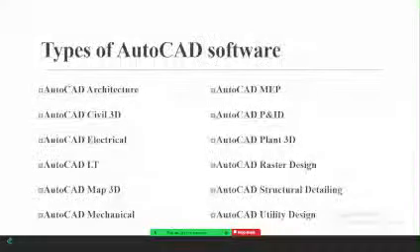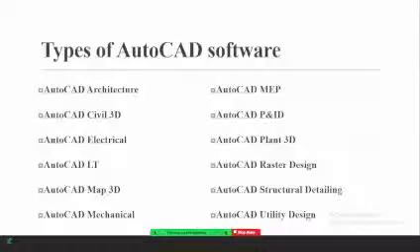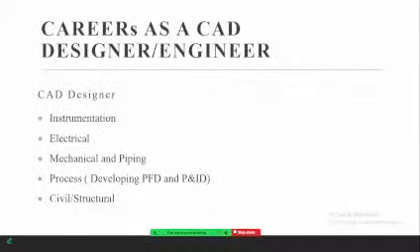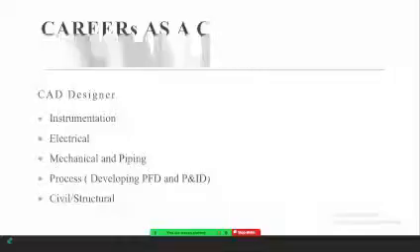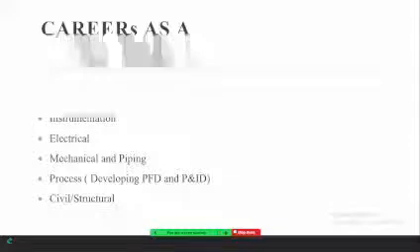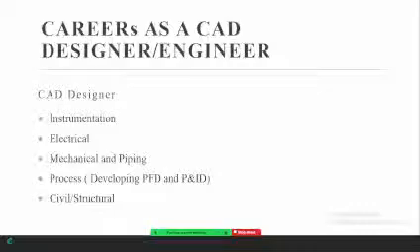AutoCAD Electrical is used by electrical engineers, AutoCAD Mechanical is used by mechanical engineers, and so on. And these are various careers. As a CAD engineer, you can be an instrumentation engineer, electrical engineer, mechanical and piping. You can work in process, developing PFD, which is process flow diagrams.